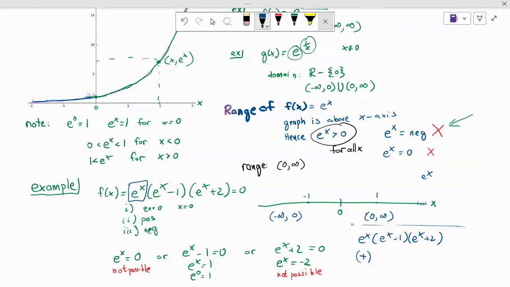Well, we learned that e to the x is greater than 1 whenever x is greater than 0. So since e to the x is greater than 1, if you subtract 1 from each side of the inequality, you see that e to the x minus 1 is positive. Of course, on your own, you can use a calculator to plug that in. And this last factor will always be positive as well, because e to the x is already positive, plus 2 is even more positive.